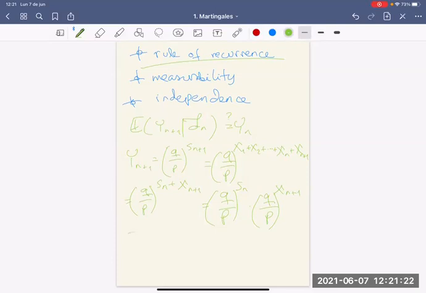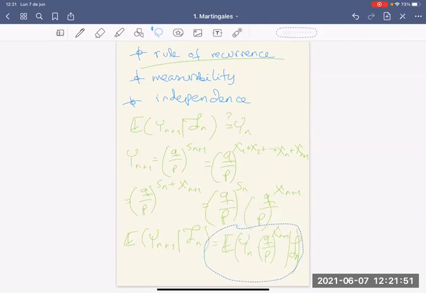So what we have in here is that the expectation of yn plus 1, given this story up to this point, equals just the expectation of yn times Q divided by P raised to this power, given the story up to time n. Oops, I just wrote it horribly. So there we go. And now we have this Fn, that's it.